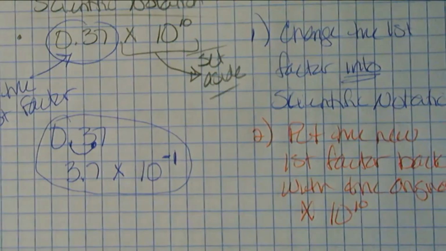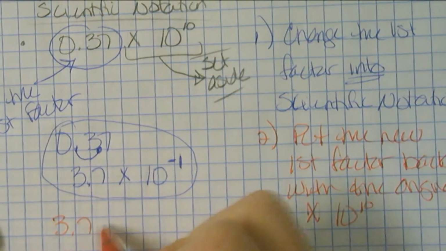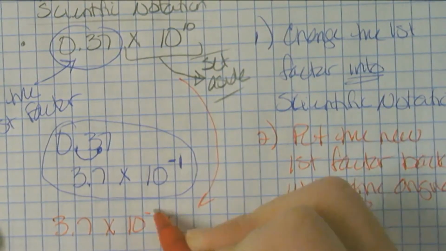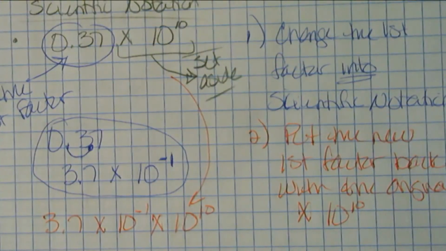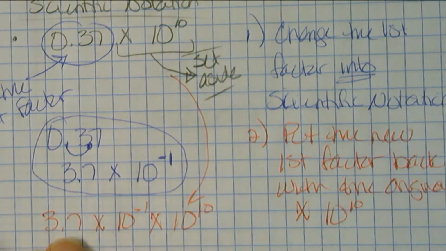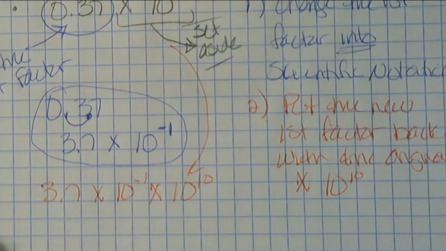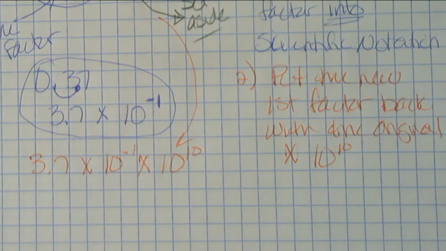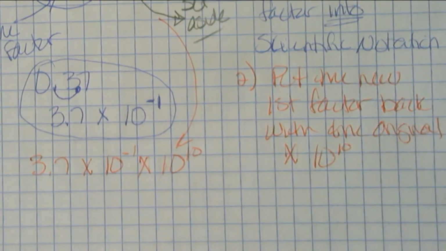So I'm going to put our new 3.7 times 10 to the negative first, and I'm going to put it back with my 10 to the 10th power. So what I did is I changed my first factor so that 3.7 is in the right form. Questions so far? Yes. Put the new first factor back with the original times 10 to the 10th.